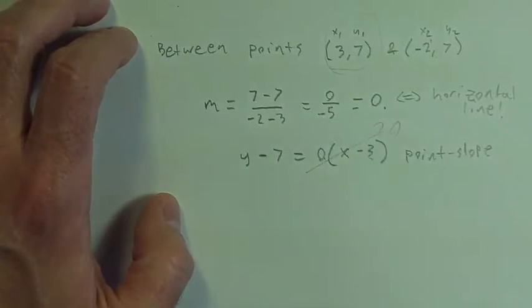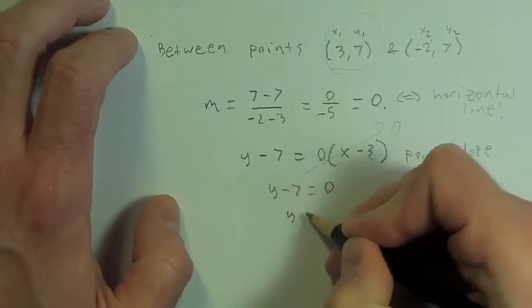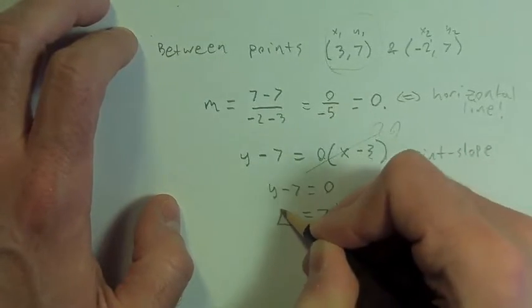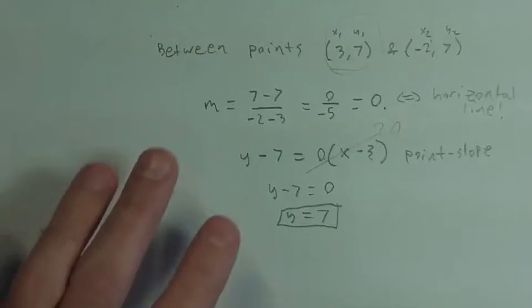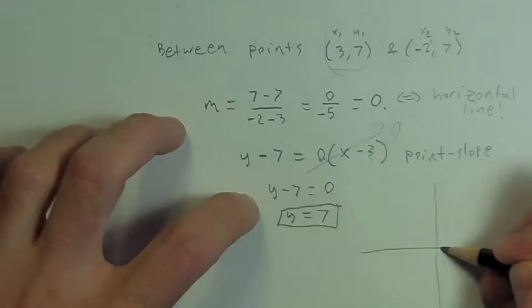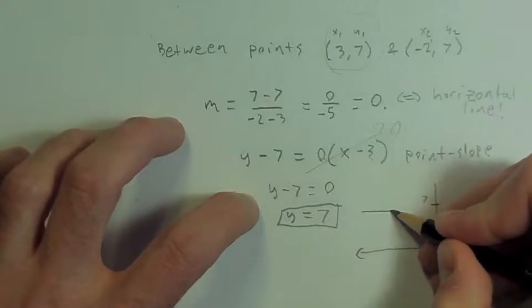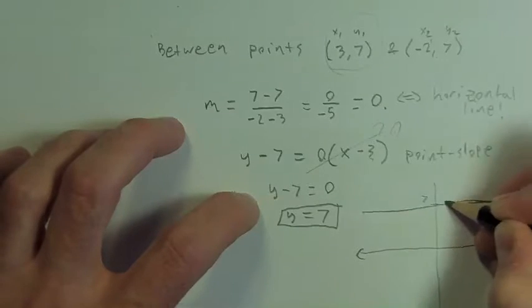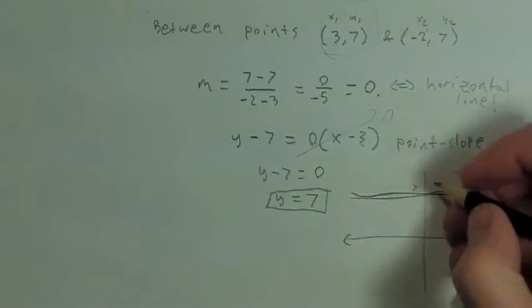You could distribute that, but you're going to get y minus 7 is equal to 0, or when you move the 7 over, y is equal to 7. So this is the equation of a horizontal line, y equals 7. So up here at 7, we get this horizontal line that I did not draw very well.